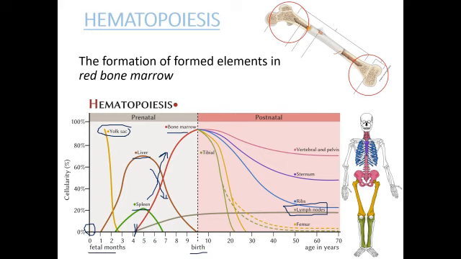We can see that the bones are sustaining the body's needs for formed elements by the time you're born. But the relative importance of each of these different bones is going to shift a little bit over the course of your life. When you are actively growing, as a child through adolescence, you are growing a lot, and as a result, you need a lot of blood.